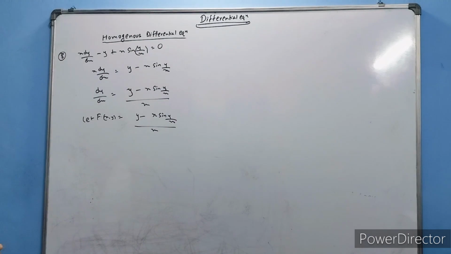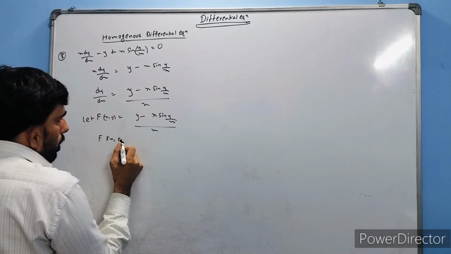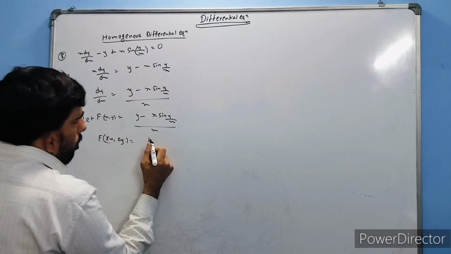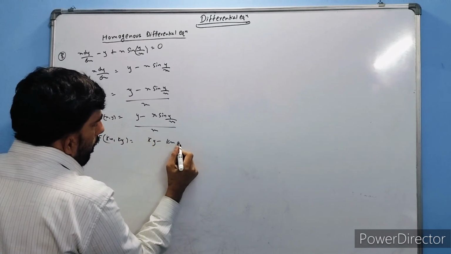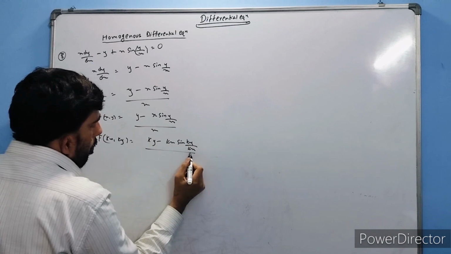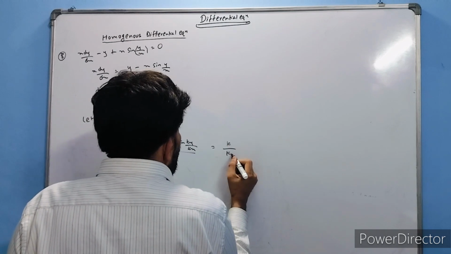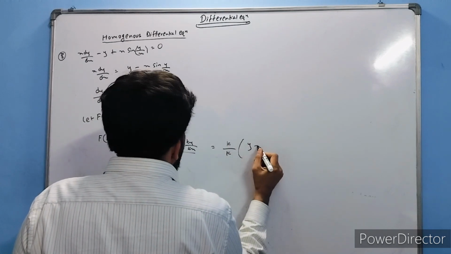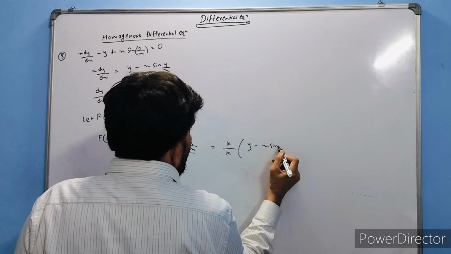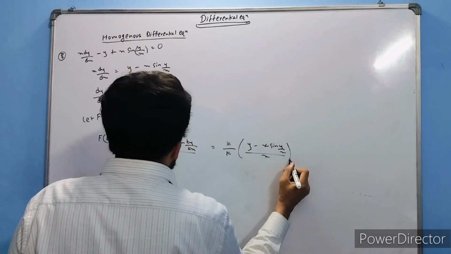Now replace x and y by kx and ky. So we'll have ky minus kx sine ky upon kx upon kx. I'll take k upon k common. We have y minus x sine y upon x upon x.